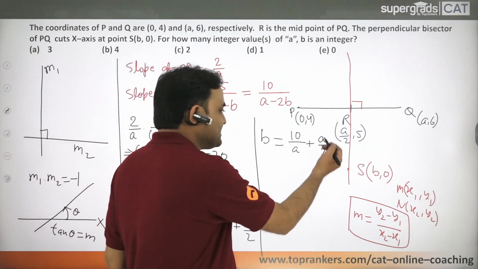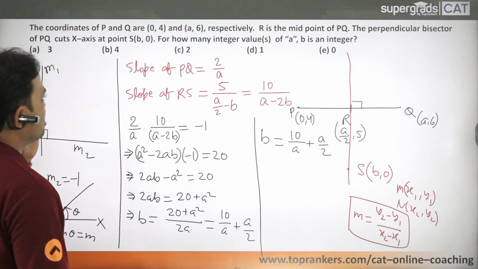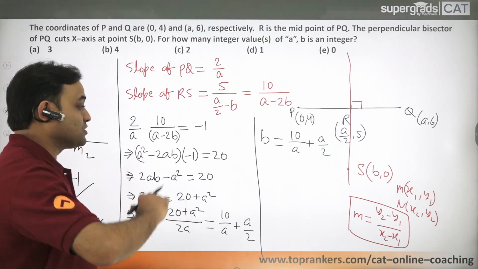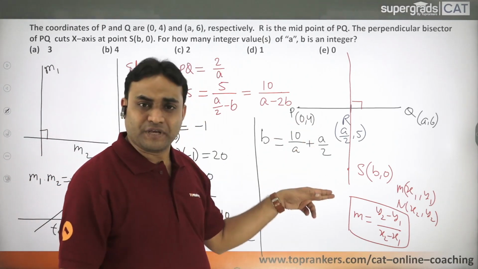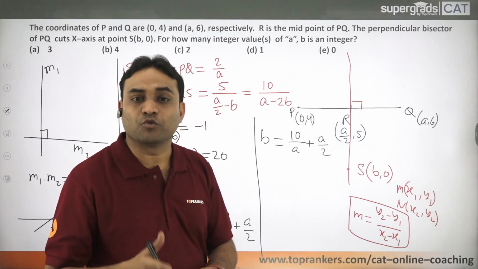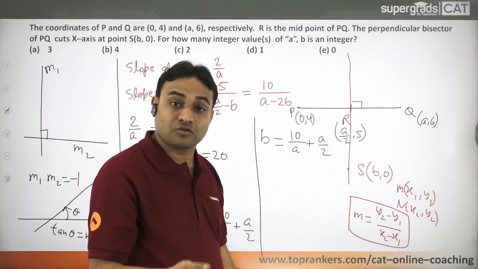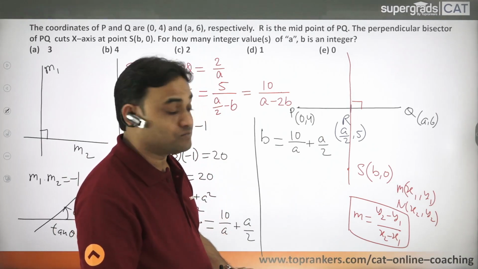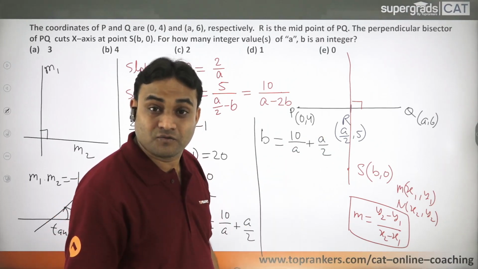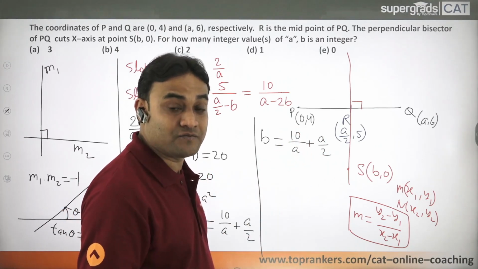Any integer value of A, 1, 2, 3, 4, or negative minus 1, 2, 3, 4, doesn't matter, A by 2 will be either an integer or 0.5, 1.5, 2.5, 3.5. Now, if A by 2 is an integer, 10 by A must also be an integer. If A by 2 is an integer, A must be a multiple of 2, and 10 by A is an integer, so A must be a factor of 10.